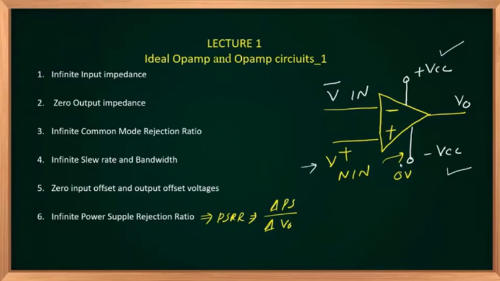It implies the output can go up to plus VCC maximum, down to 0 if you are connecting 0. If you are connecting minus VCC, it implies the output of the op-amp can be anywhere between plus VCC and minus VCC, but it cannot go beyond these two levels. In other words, the maximum value of the output is restricted by the supply voltages.